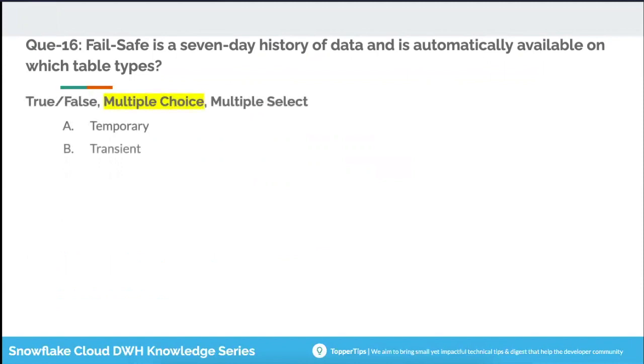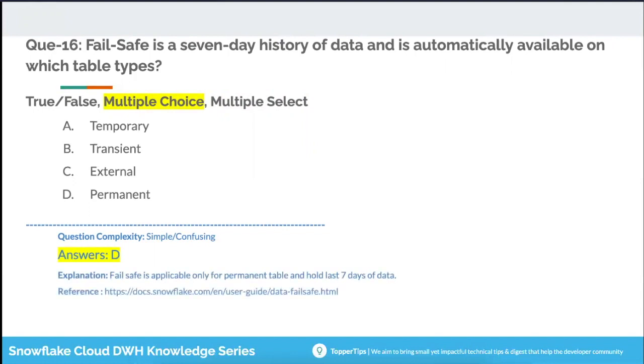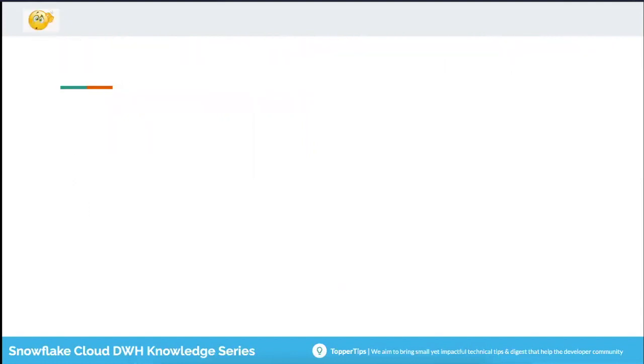Question number 16, fail-safe is a 7-day history of data automatically available on which type of table? So it's also a simple question. A bit tricky one: Failsafe is provided as a means for accessing historical data after the time travel retention period has ended.